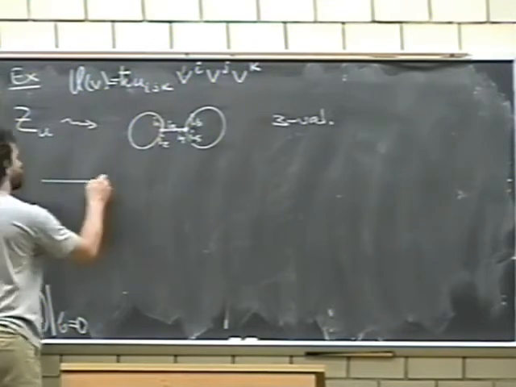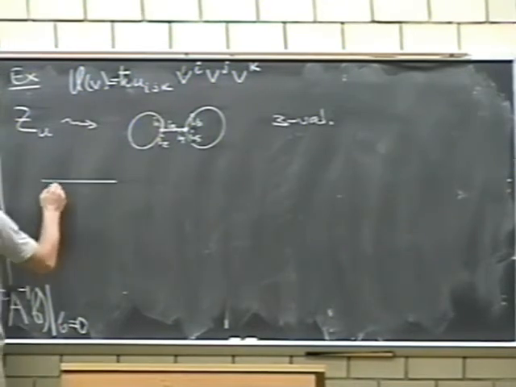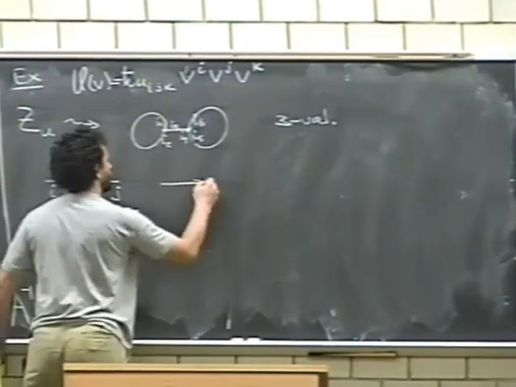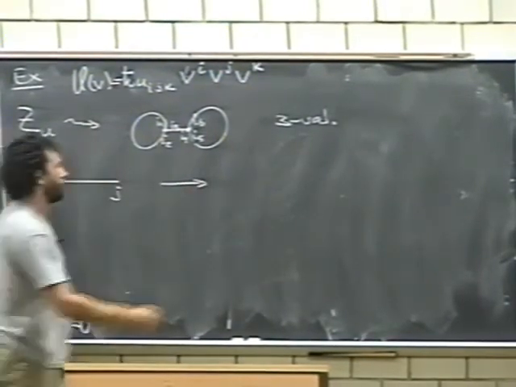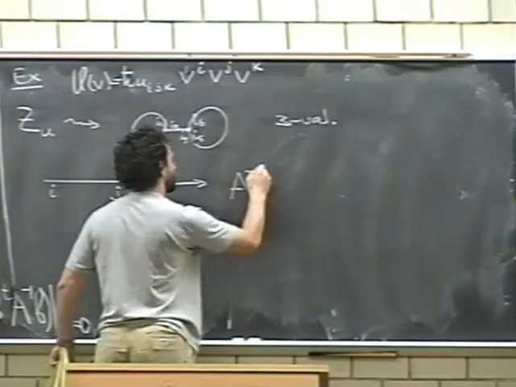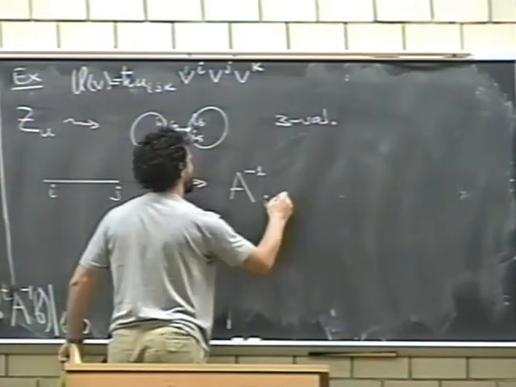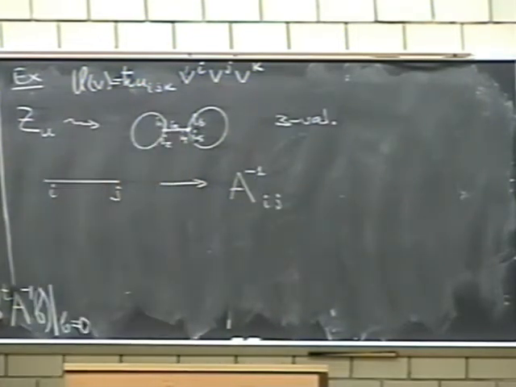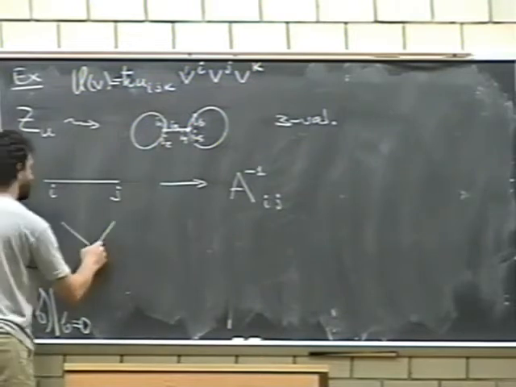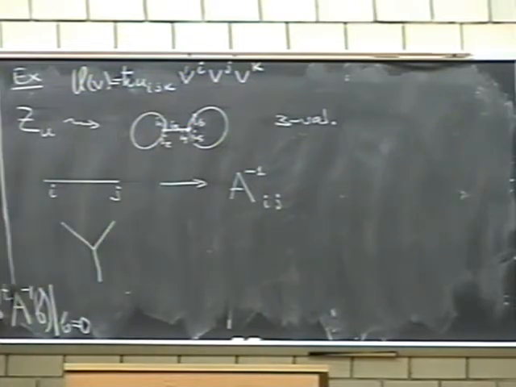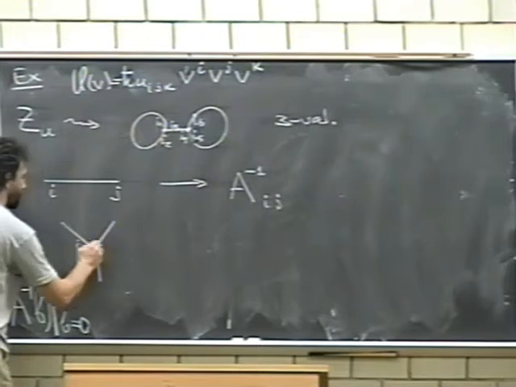Then on each edge of your graph, marked with I and J on the ends, you put the weight of A inverse IJ, and to each trivalent vertex with labels I, J, K near it, that corresponds a factor U_IJK.